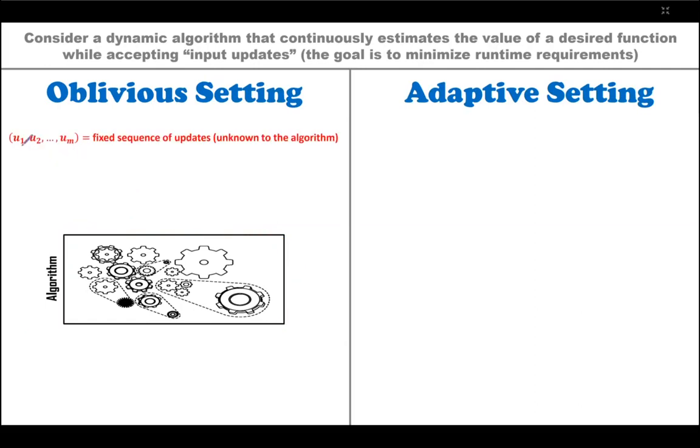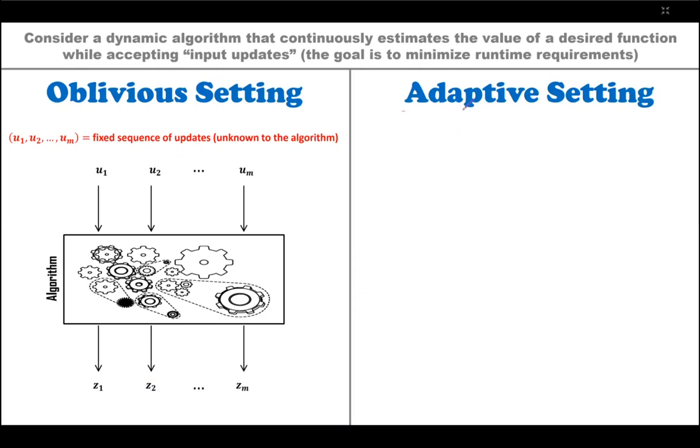So in the oblivious setting, we assume that there is some fixed, unknown, but fixed sequence of input updates. And the algorithm gets to see these input updates one by one. So in the beginning, the algorithm gets to see the first input update. The algorithm responds with its first output. Then the algorithm gets to see the second input update. The algorithm responds with the next response, and so on.